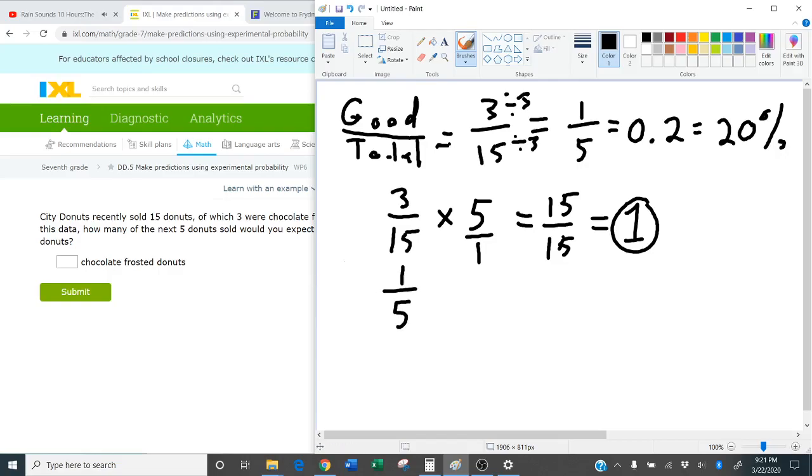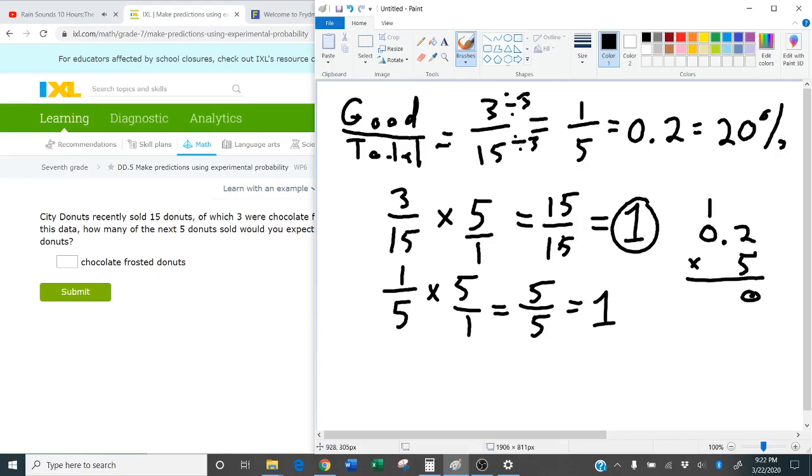I could have used this probability, 1 over 5 times 5, which would also give me 1. And also, if we do 0.2 times 5, 5 times 0 is 0, plus 1 is 1.